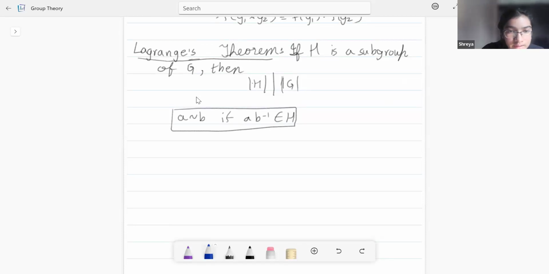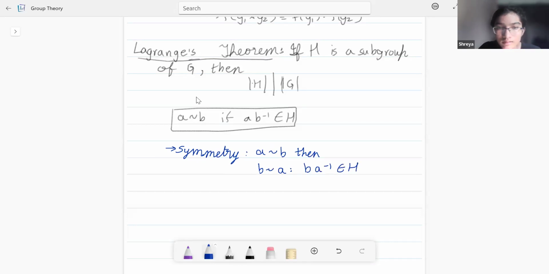Okay, so first of all, we need to prove symmetry. For symmetry, we need to show that if A is equivalent to B, then B is equivalent to A, which is just saying that B times A inverse should belong to H. But this is true because B times A inverse is the inverse of A B inverse.